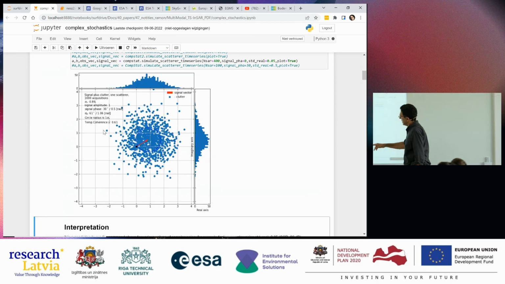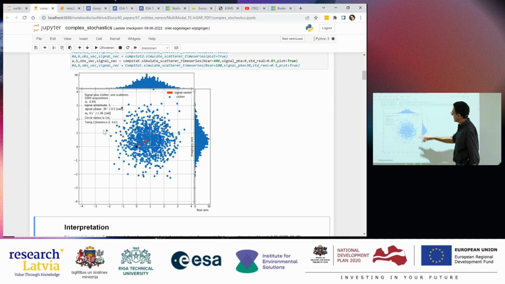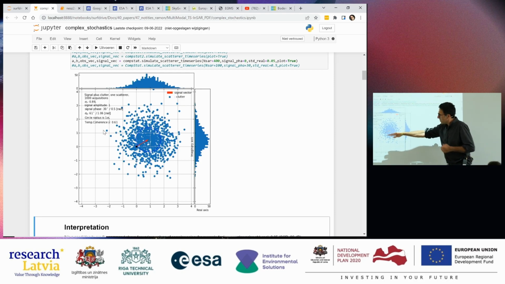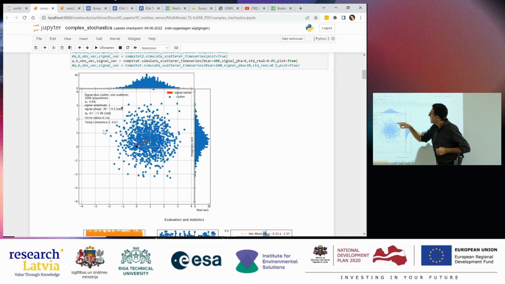So now this is the signal, this is the clutter. It's the distribution, the noise is very, very big. So now this angle, the quality with which I can measure the angle, so the phase, is very, very bad. Actually here it is, the variance of it is 61 radians, 61 degrees.